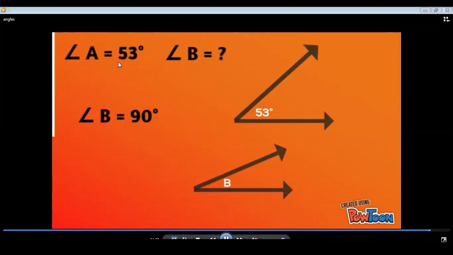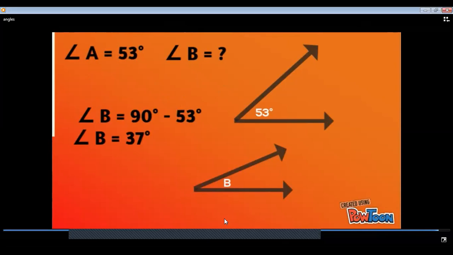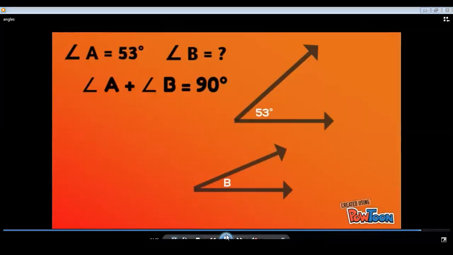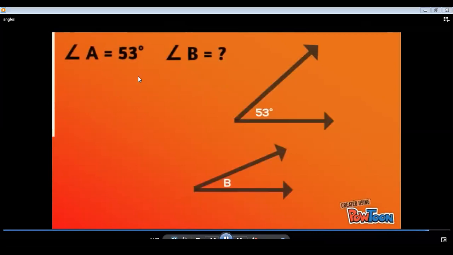We know that angle A is equal to 53 degrees. So 90 minus 53, and here angle B is equal to 37 degrees. We subtract 53 from 90.